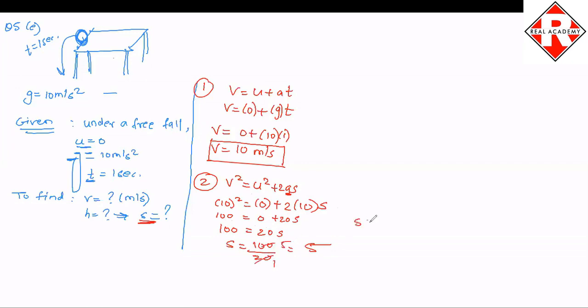So I have got that S is equal to 5 meters. So that means you can write that final velocity is 10 meters per second and the height of the table is 5 meters. Is this thing clear?